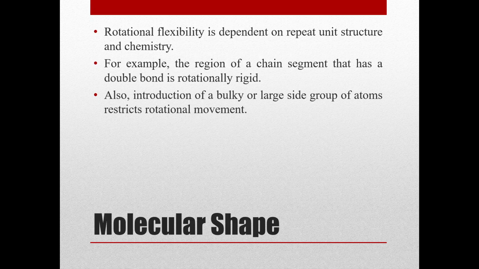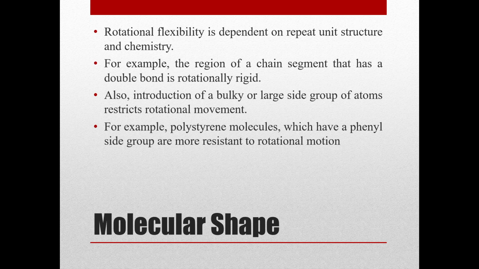Also, the introduction of a bulky or large side group of atoms restricts rotational movement. For example, we shall look at the polystyrene molecule, which has a phenyl side group, and is more resistant to rotational motion. As we can see over here, the molecular structure of a repeat unit of polystyrene has a benzene ring over here, 2 carbon atoms and 3 hydrogens.